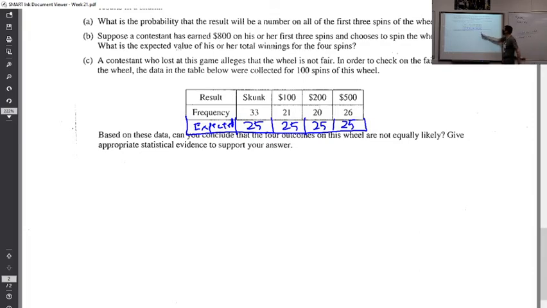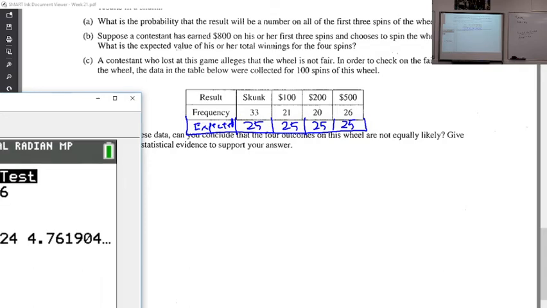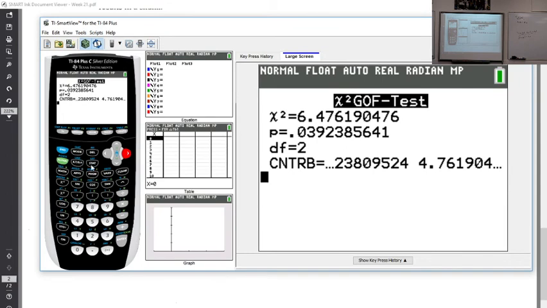So there are my outcomes that I would expect. So we're going to take those observed values, the frequencies, and we're going to put them in list 1, and then I'm going to take those expected counts of 25, and I'm going to put them in list 2. So let's go through and do that here.